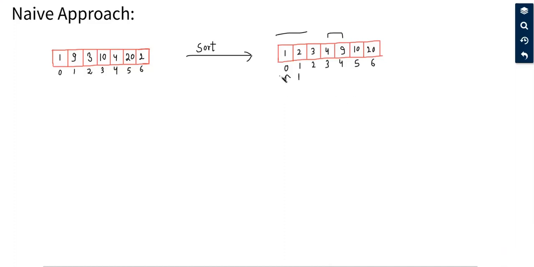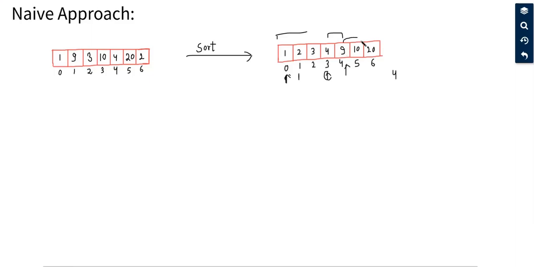If we start traversing from the first element, we can see 1, 2, 3, 4. So till I reach index 3, I have a consecutive subsequence and the length is 4. Then I see that the next integer 9 is not a consecutive integer. Hence I start another sequence from here.